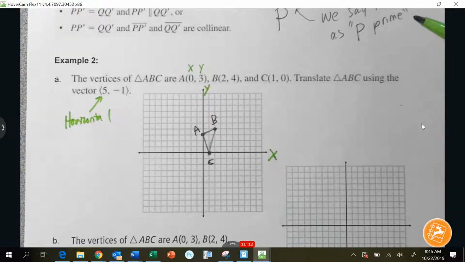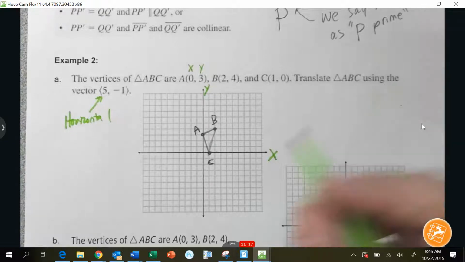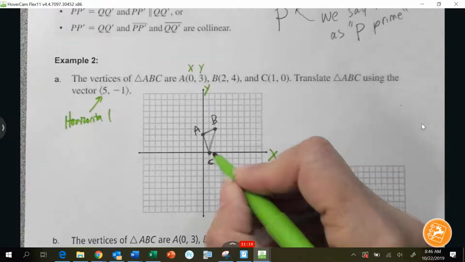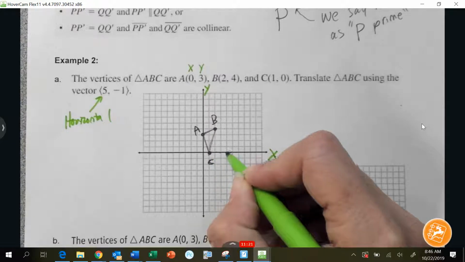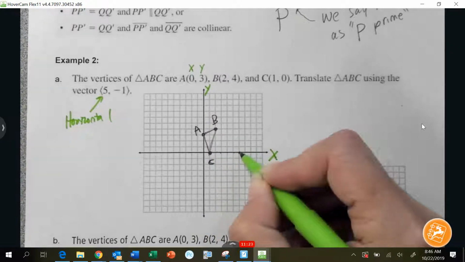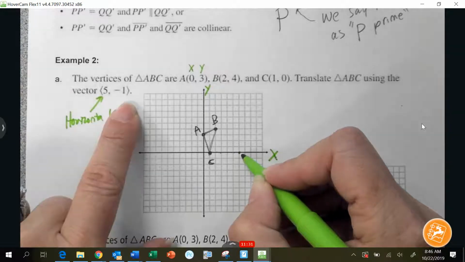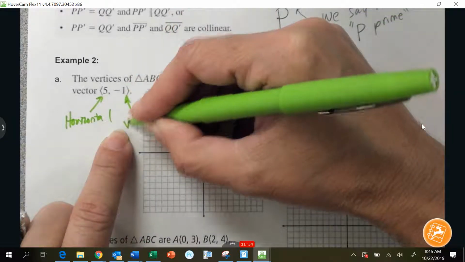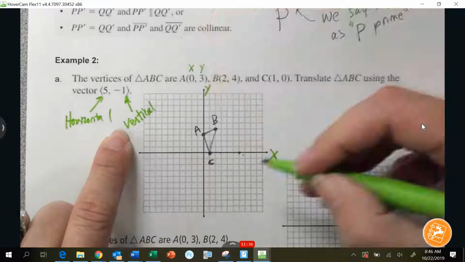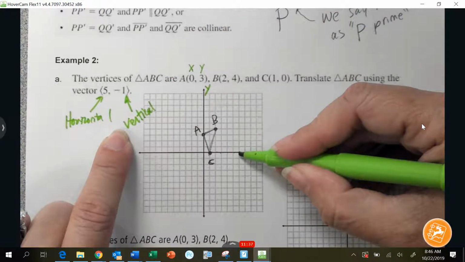Matthew, what does 5 mean? Okay, so I'm going to look at point C, and I'm going to move 5, 1, 2, 3, 4, 5 to the right. Is that where the C prime goes? No, because why, Lynn? There's still -1. Oh, we still have a vertical component that says to do what with C?